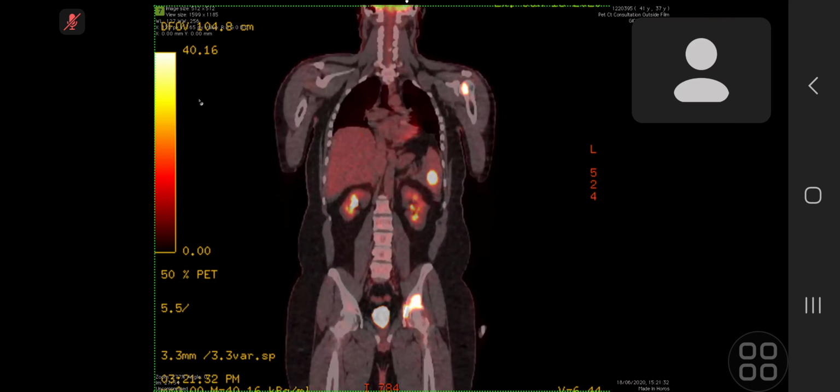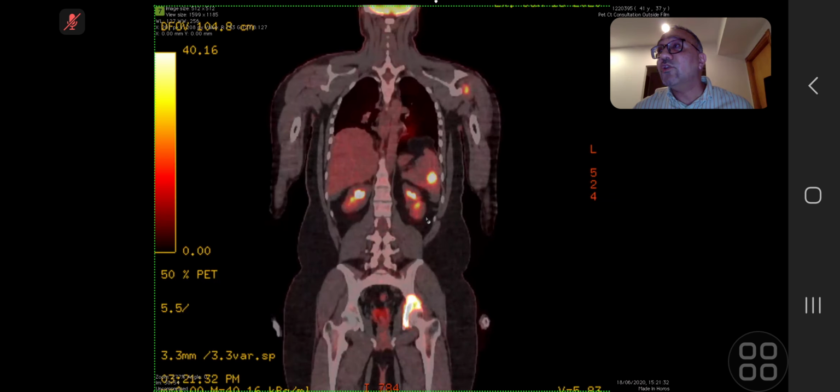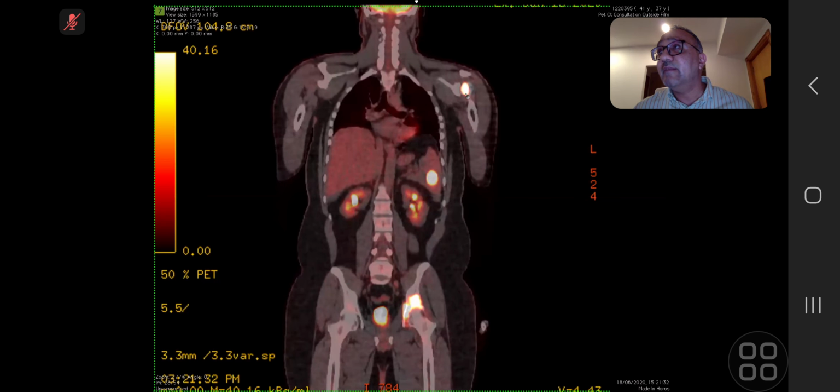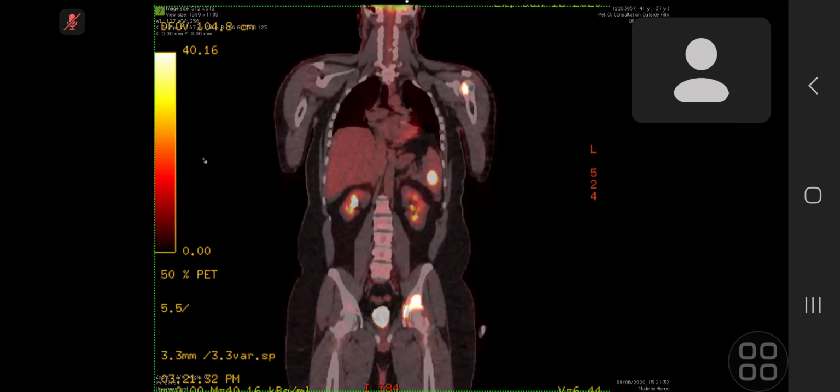Humeral head, spleen, and the bilateral renal uptake. Well, that's just normal renal excretion, right? What about the lesion in the humerus? The left humeral head. Okay.